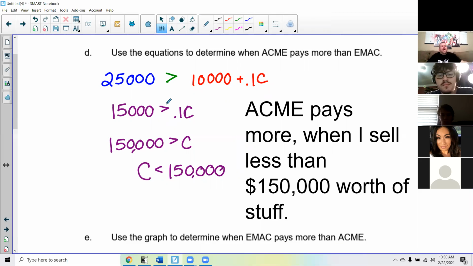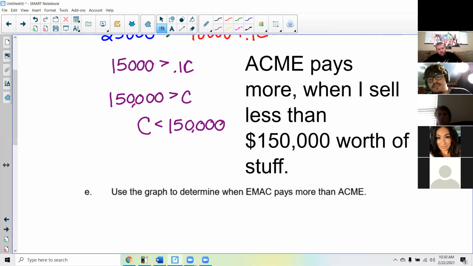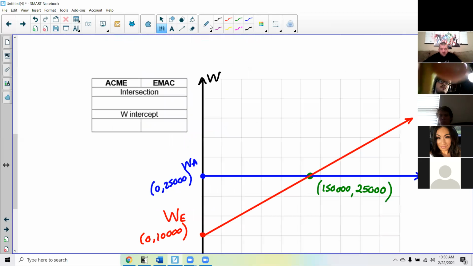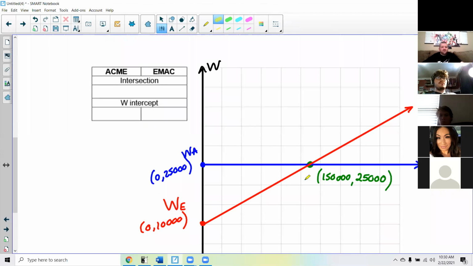So then it says use the graph to determine when Emac pays more. Well, if Acme pays more when I sell less than 150,000, it should be obvious that Emac pays more when C is greater than 150,000. Okay, but it says use the graph. So it wants to know when Emac pays more. Here's the graphs. Take my highlighter. Emac is the red. Basically says for what values of C is the red graph higher than the blue graph?